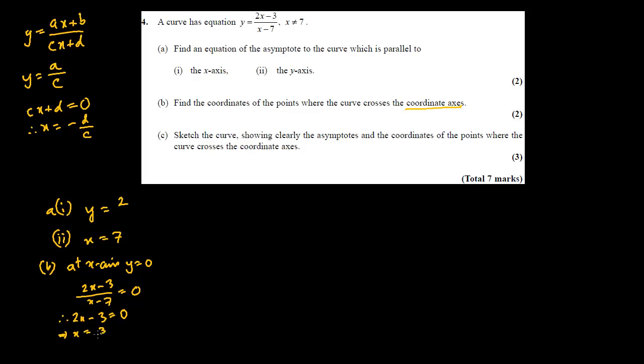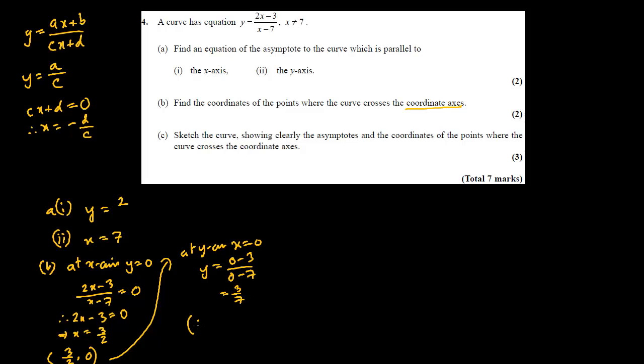Therefore, x equals 3 by 2. So the point would be 3 by 2, comma 0. Next, at y-axis, x equals 0. That would mean y equals 0 minus 3, 0 minus 7. That would be 3 by 7. So this would be 0, 3 by 7.